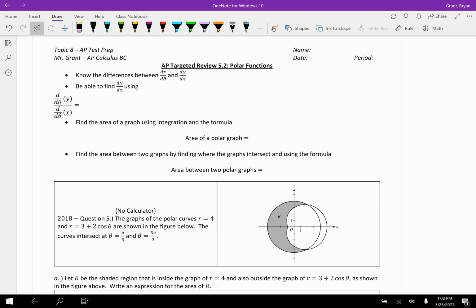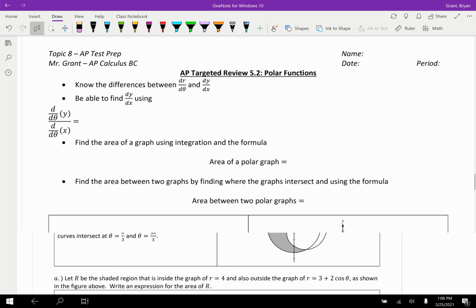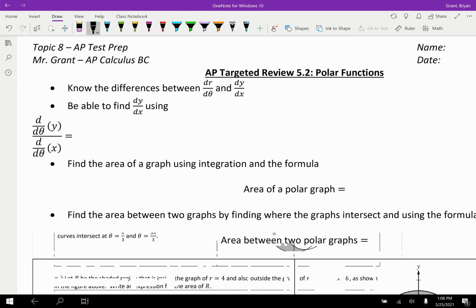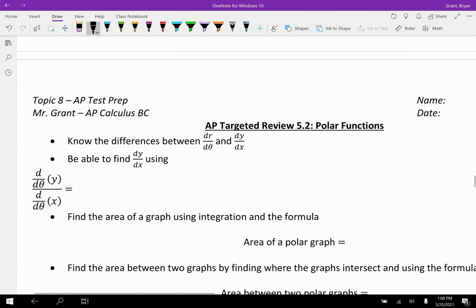There's a couple things we need to be able to do with polar. First, you'll need to know the difference between dr d theta and dy dx. I find a lot of students confuse those, right? So if we looked at a sample equation, like r equals 2 sine of theta, if I wanted dr d theta, that means I would just do d theta to each side.